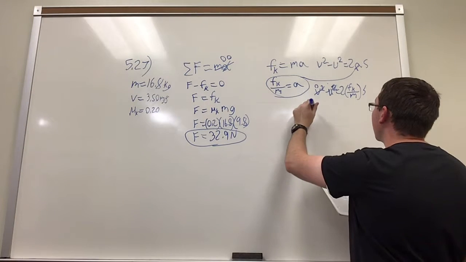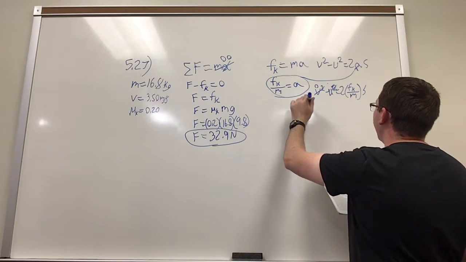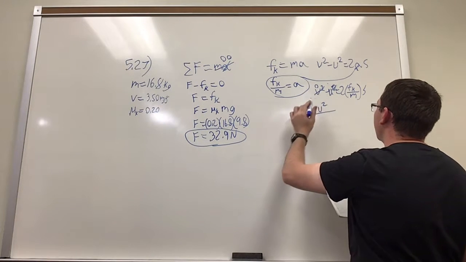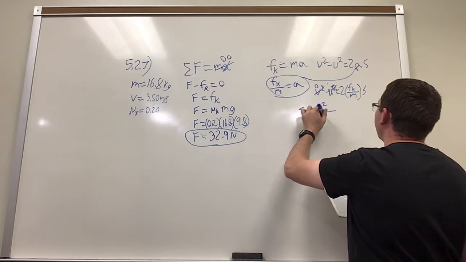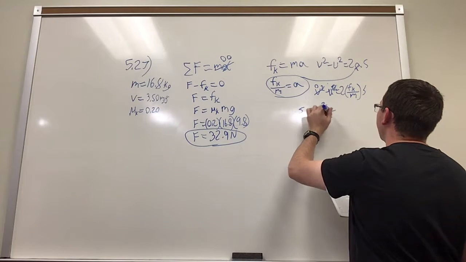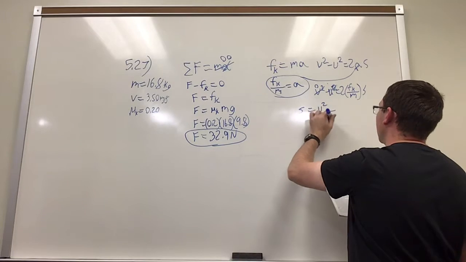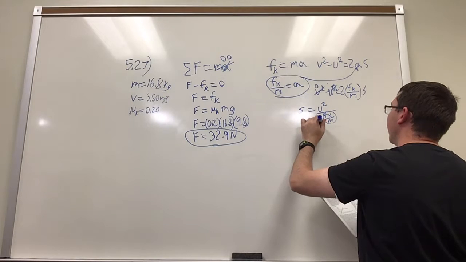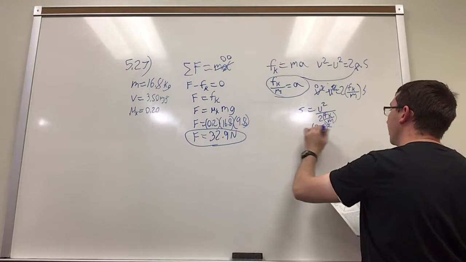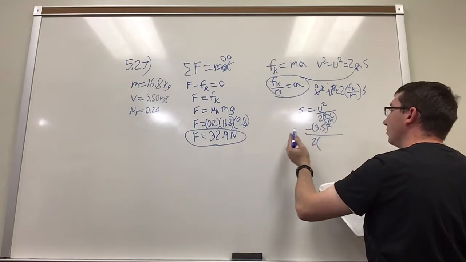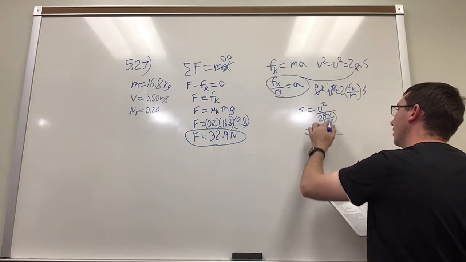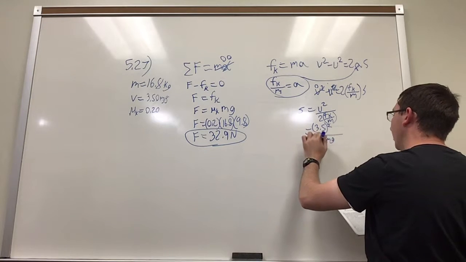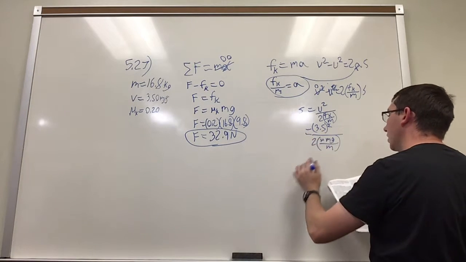So we know that s is going to be equal to u squared divided by 2 times the coefficient of friction times the mass times gravity divided by mass, which is then going to be equal to our initial velocity, 3.5 squared, divided by 2 times the coefficient of friction times mass times gravity divided by mass.